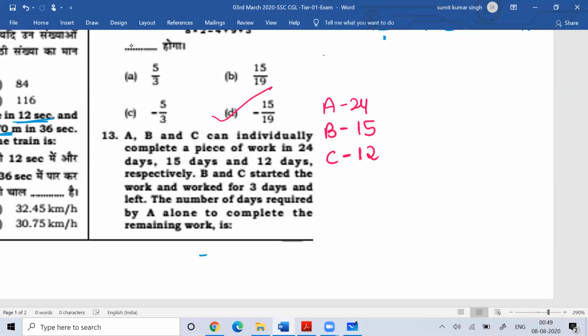A, B, and C started the work, worked for 3 days and left. Find the number of days required by A alone to complete the remaining work.